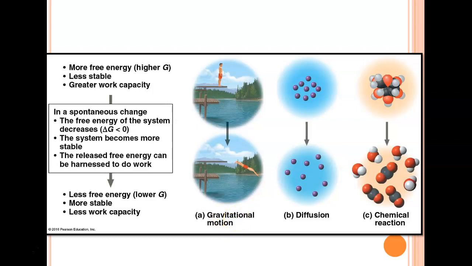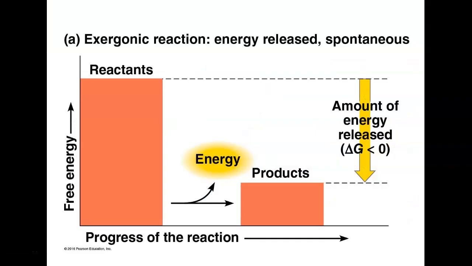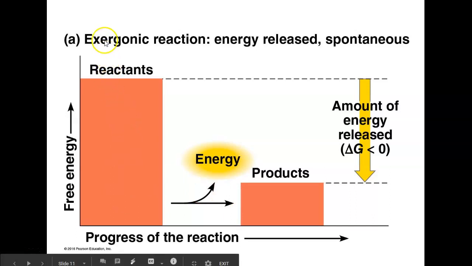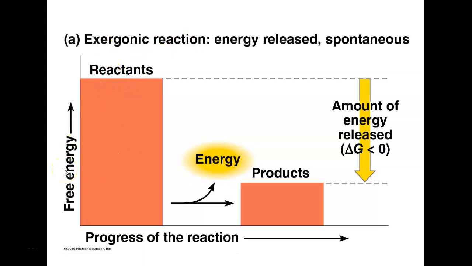Here's what this looks like in a chemical reaction. In an exergonic reaction, energy is given off. The reactants have more free energy at the start than the products made at the end, which have less free energy. You can see energy is released.